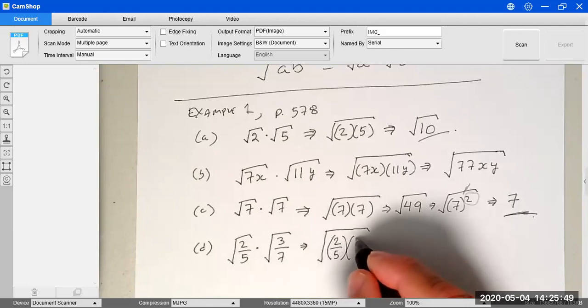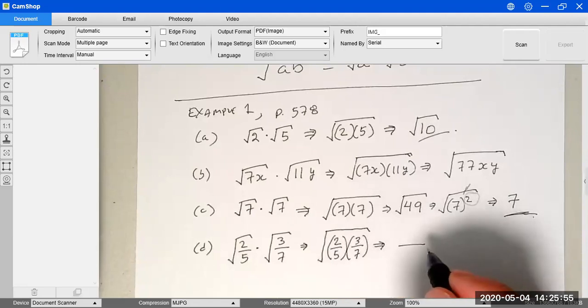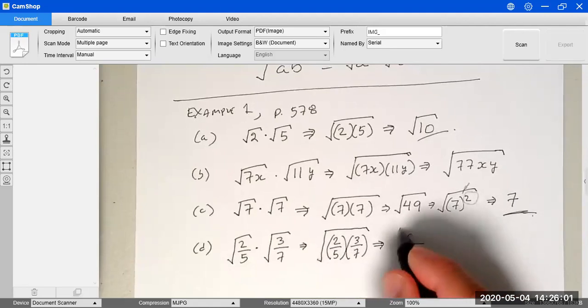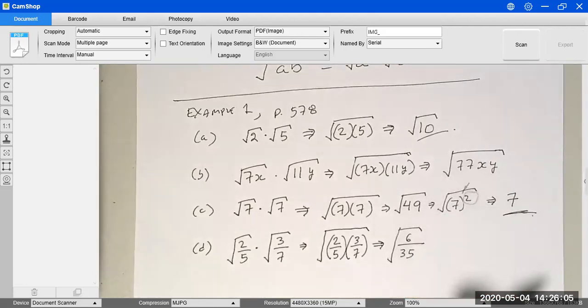The second one is 3 over 7. Then you just multiply the fractions. So 2 times 3 is going to be 6. 7 times 5 is 35. So you have the square root of 6 over 35.